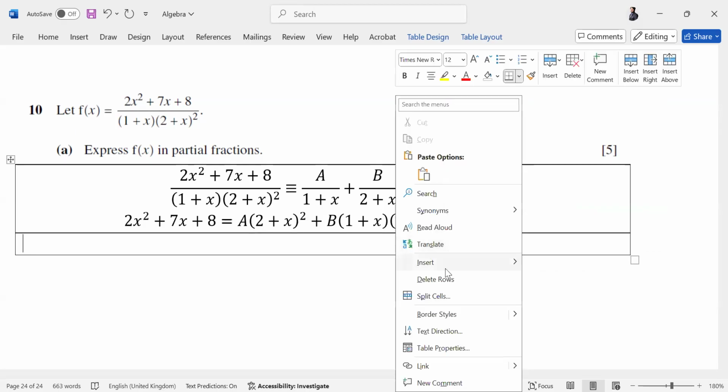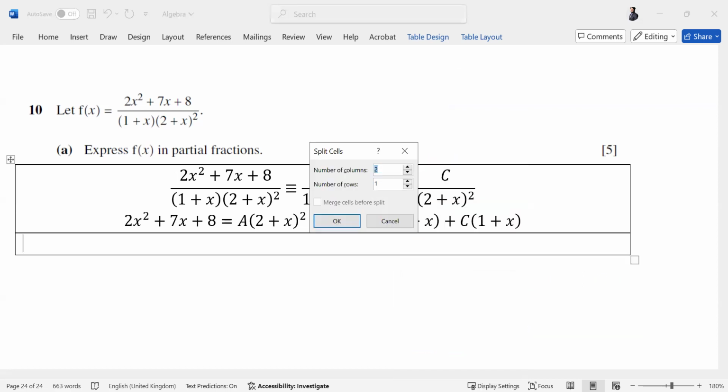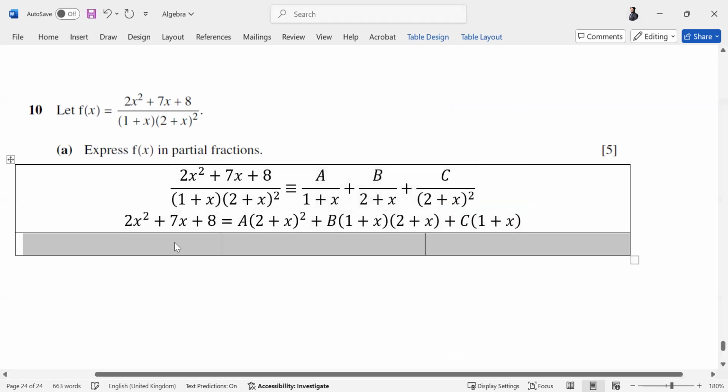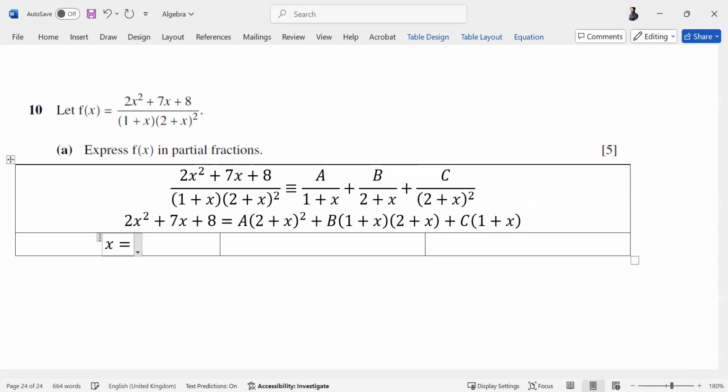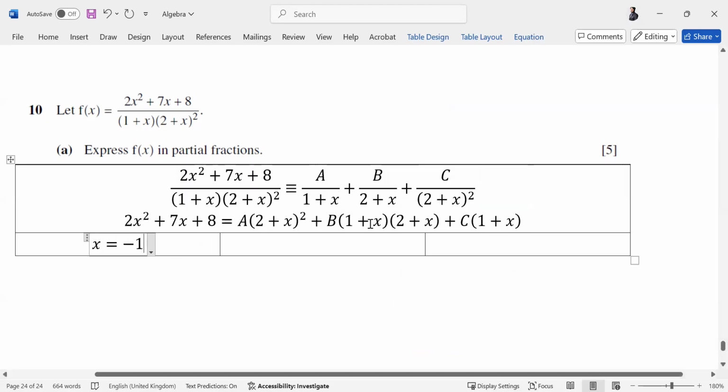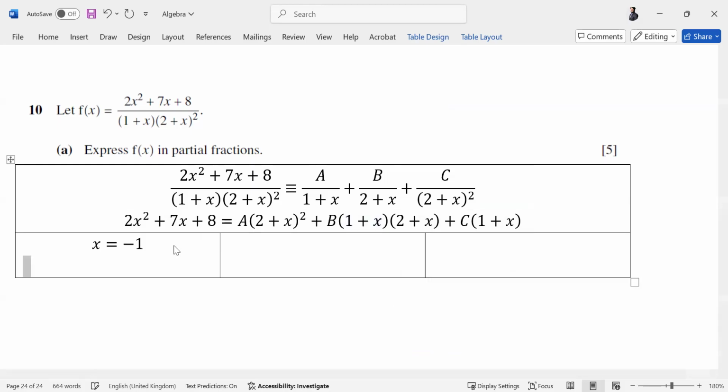So now our priority is to eliminate and find the values of a, b, and c, but that's not always going to happen. First, if I take the value of x as -1, so that will eliminate b and c, and I'll be left with a only.